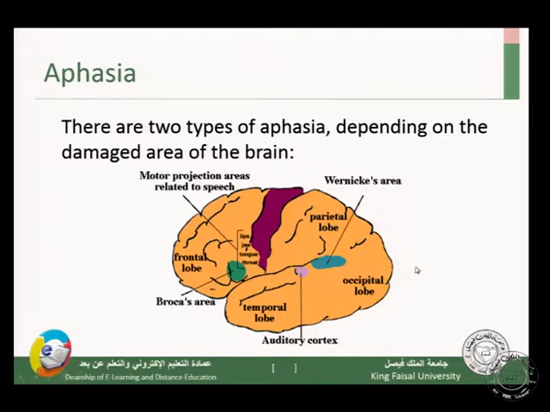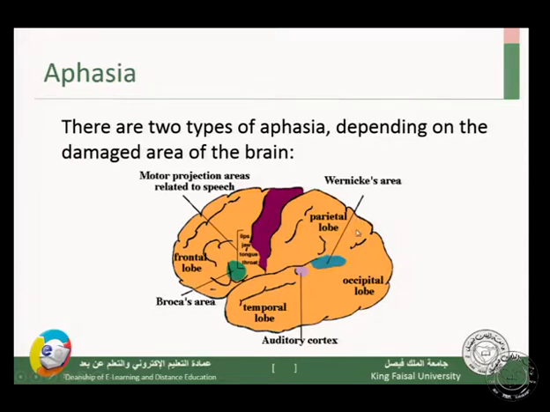Each hemisphere of the brain is composed of areas. For example, the frontal lobe, the temporal lobe, the back side, the occipital lobe, and the parietal lobe. Okay? These are parts of the left hemisphere of the brain.